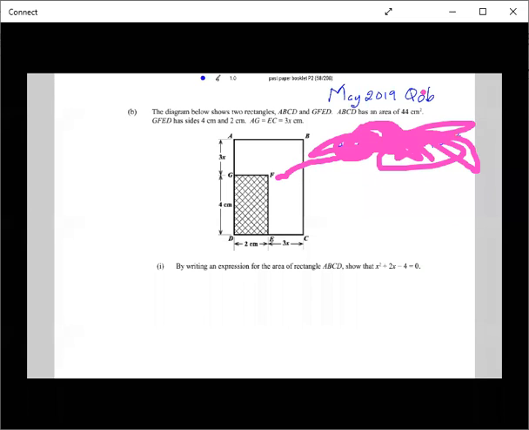AG is 3x and EC is also 3x. By writing an expression for the area of rectangle ABCD, we're to show that x squared plus 2x minus 4 is equal to 0.